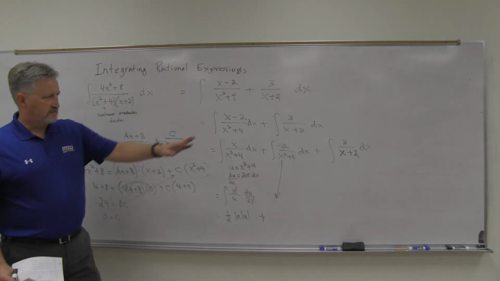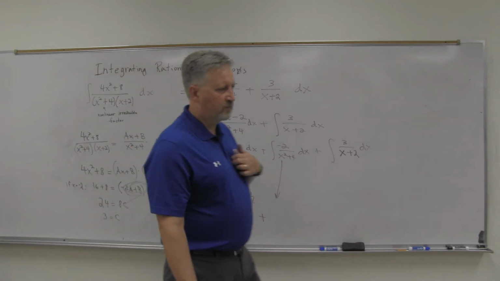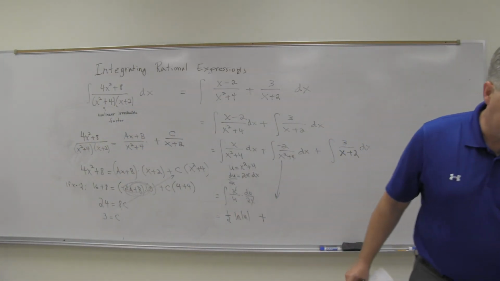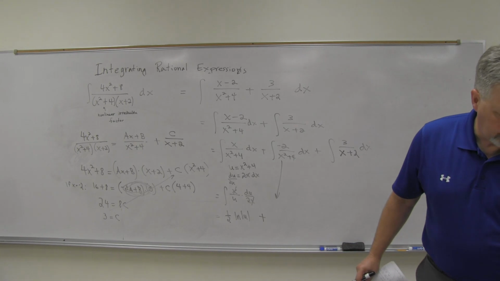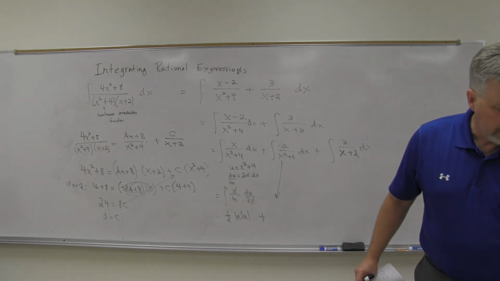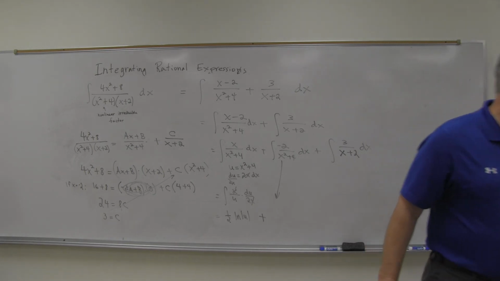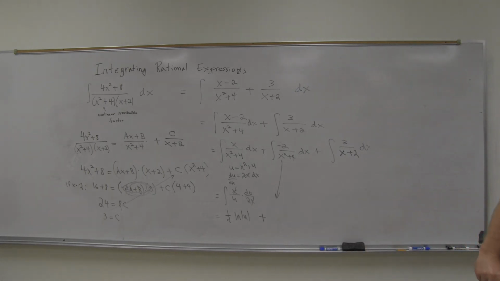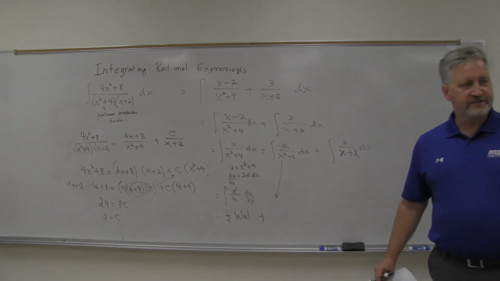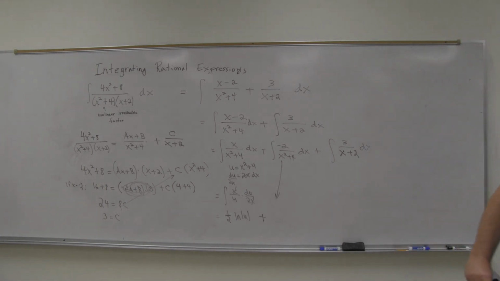Yeah, the other two are easy. We know the last one's easy. What about that second one? What is it? That's an arctangent, isn't it? Yeah, if you go back to the, I didn't bring my little formula sheet, but on that formula sheet, what do we got?